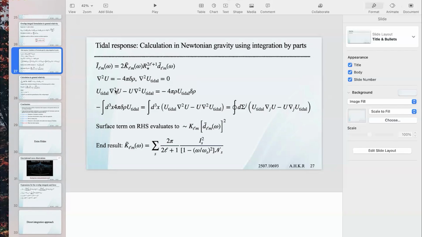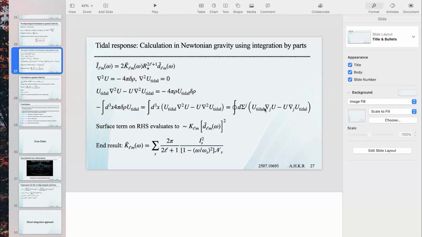But my point is, in general, the tidal field is not just a single term. It will have several other subleading terms as well. And in principle, that subleading term can also have 1 over R to the minus L minus 1, which is the known ambiguity in defining the tidal Love numbers. Do you think that is going to affect the K_LM that you define here?